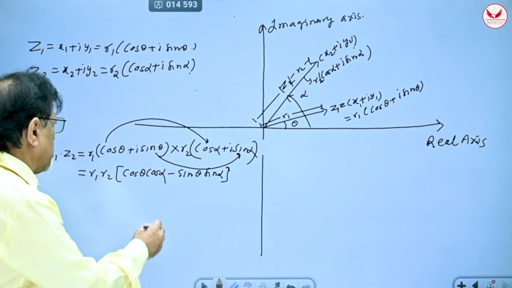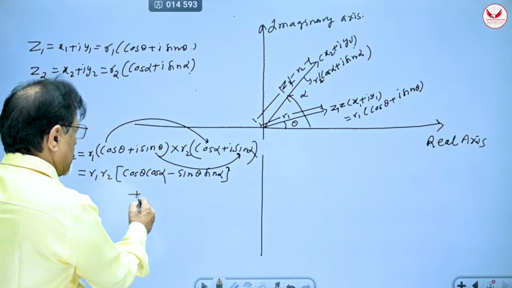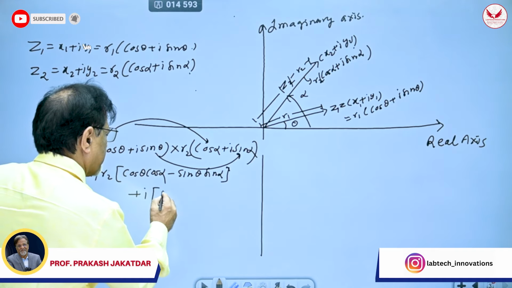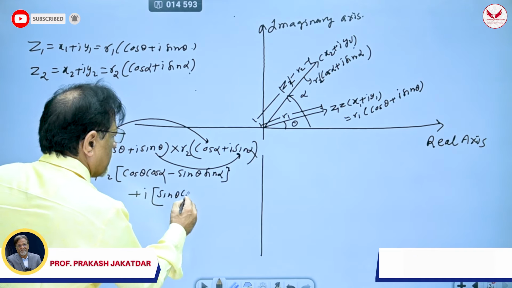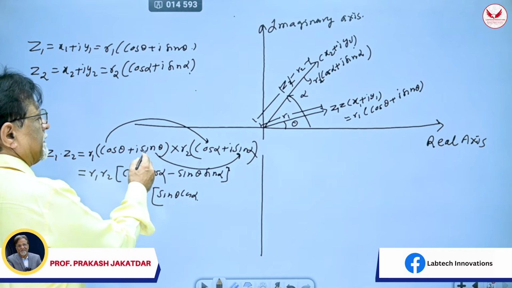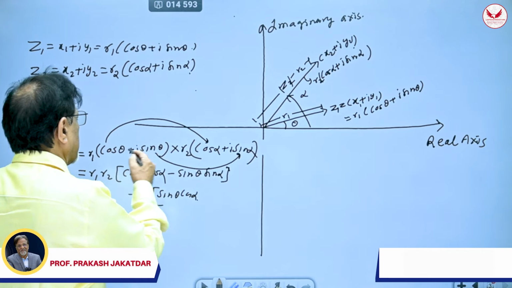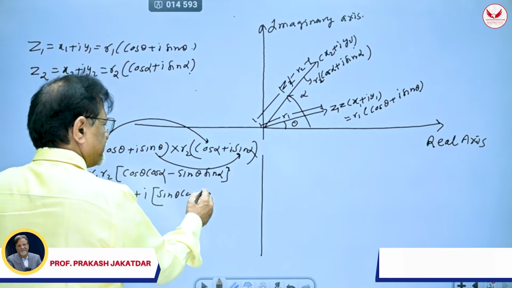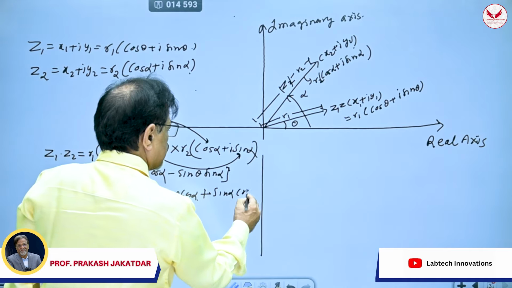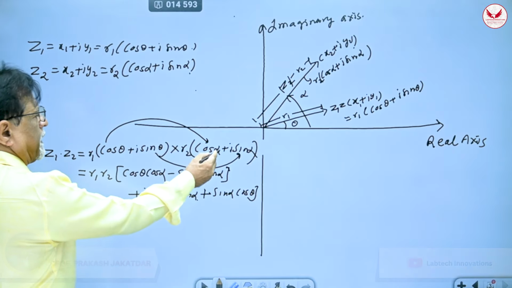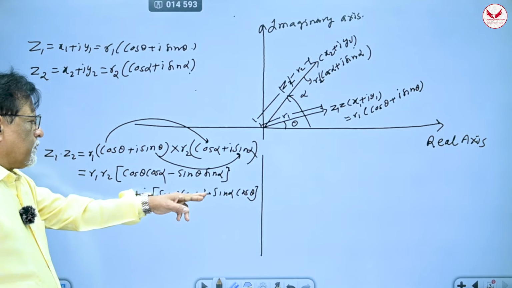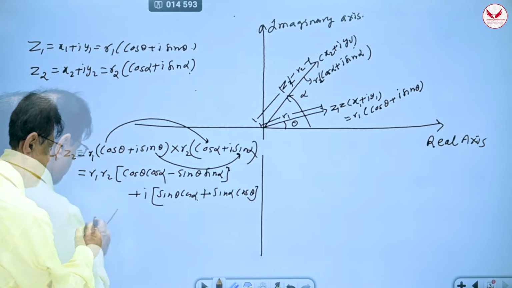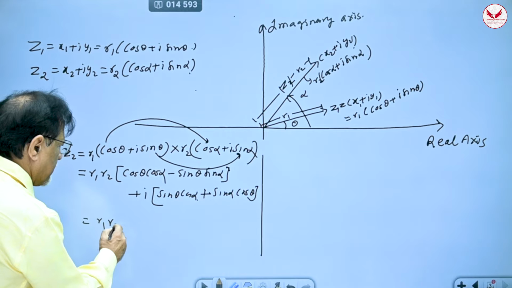Now we have to take the mixed terms, that means plus i times, now sin theta cos alpha and sin alpha cos theta. Both are imaginary. So therefore, now this is equal to R1, R2.